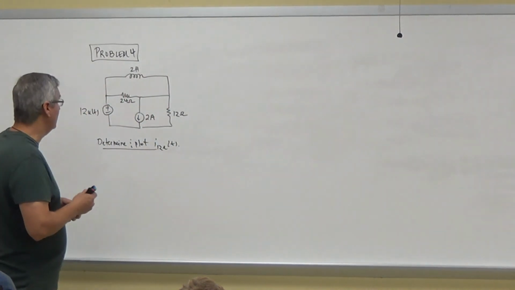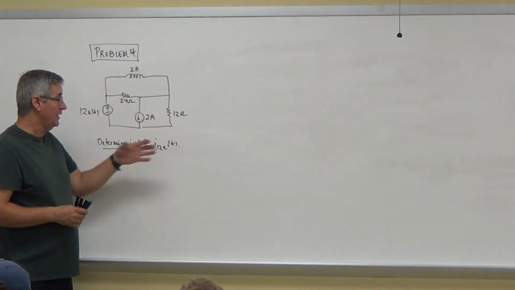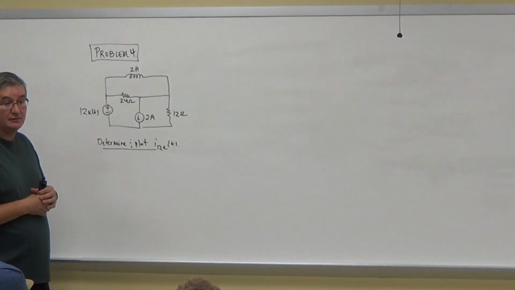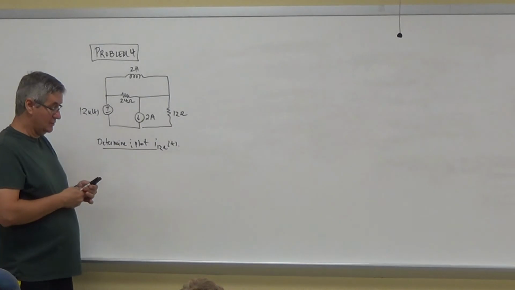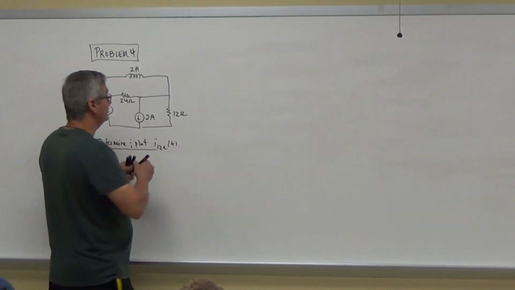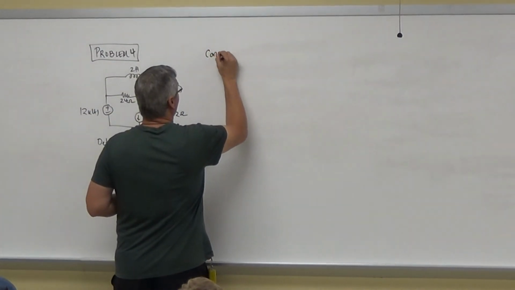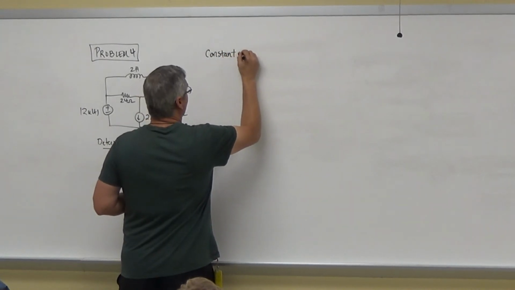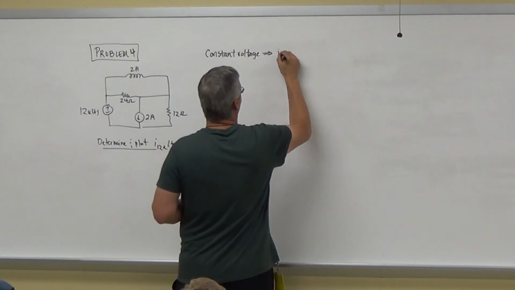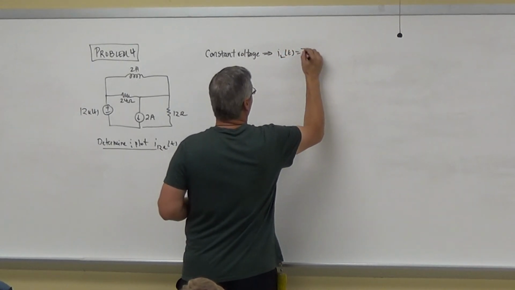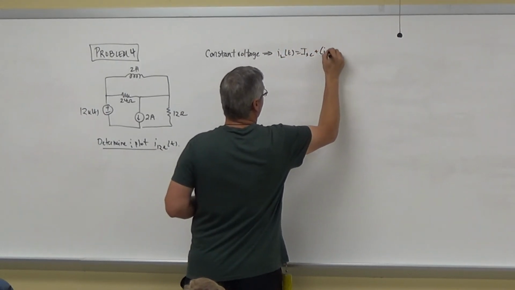Okay? So what we want to do here is get that current. I don't know the direction of the current, but we'll get it when we get there. I first note that I have a constant voltage, so I can get IL by using this diagram.